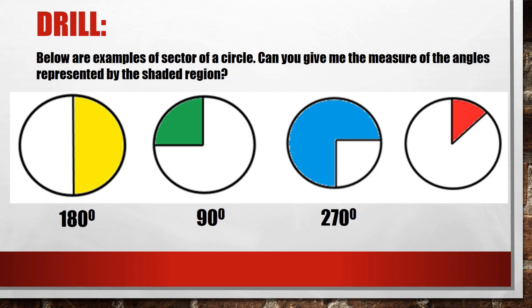'Di ba? So that's one way. Another, alam natin na 1/4 of a circle is 90. Lumalabas dito sa shaded na to ay 3/4. So that means 3 times 90. Kaya 3 times 90 is 270.